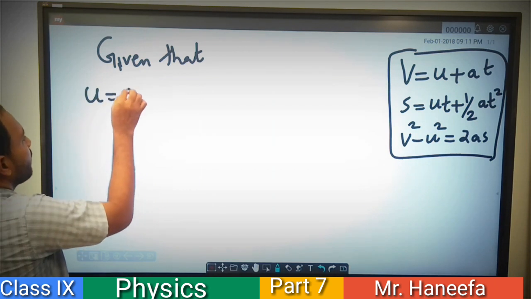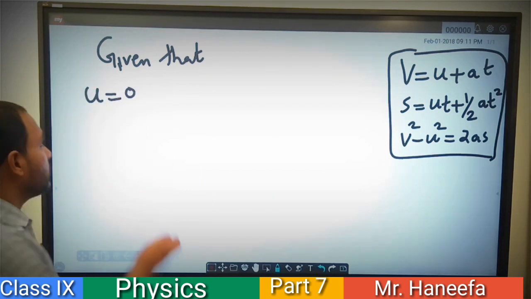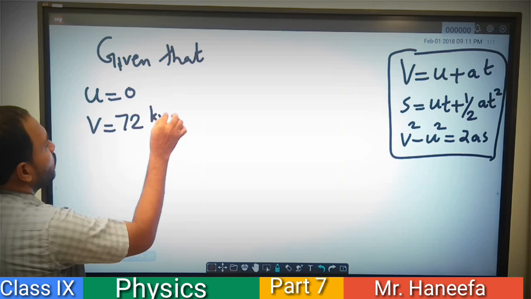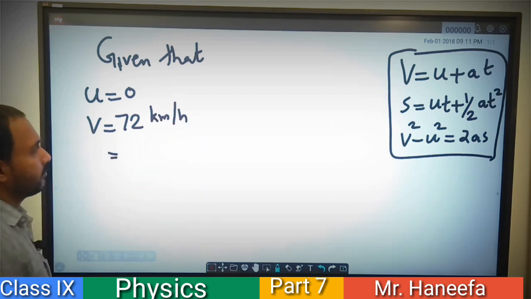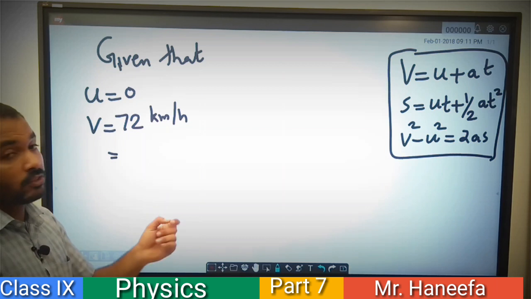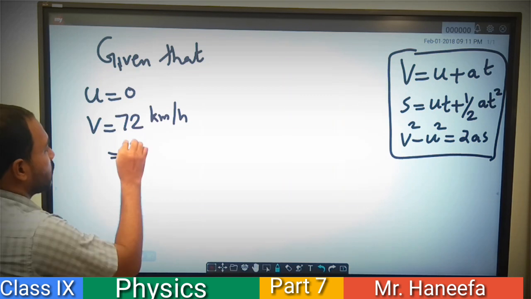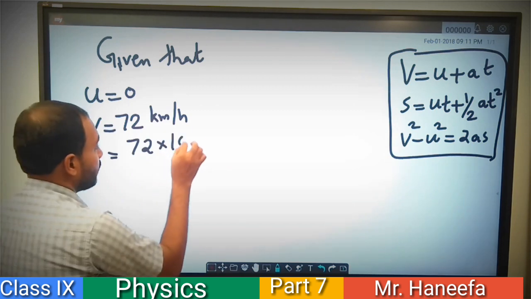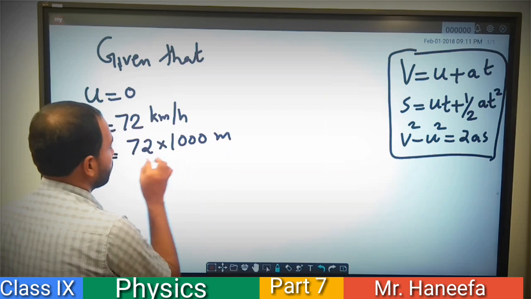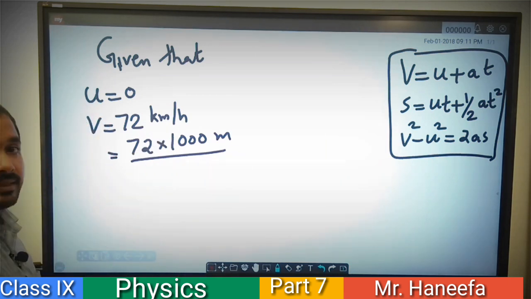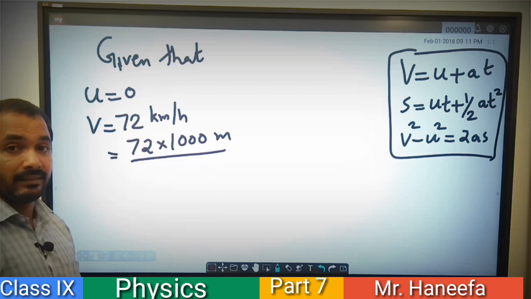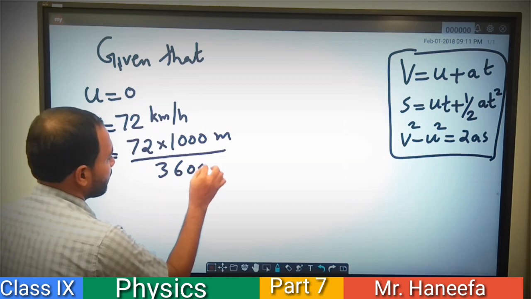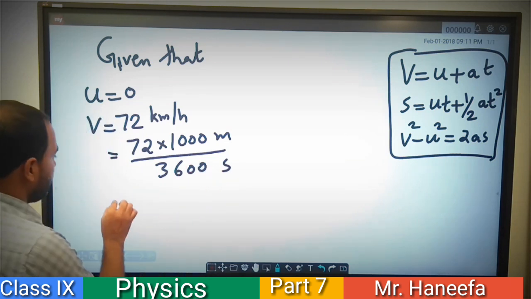So we can write, given that it is starting from rest, u equal to 0. It attains a velocity of 72 km per hour. We have to convert 72 km per hour into meter per second. So 72 into 1 kilometer equal to 1000 meter, divided by 1 hour, which means 60 minutes, 1 minute 60 seconds, so 1 hour means 3600 seconds.